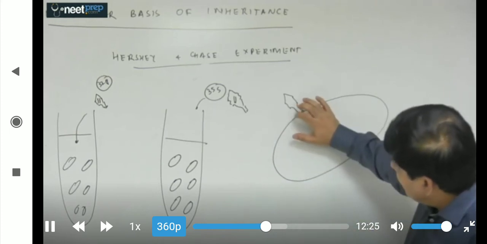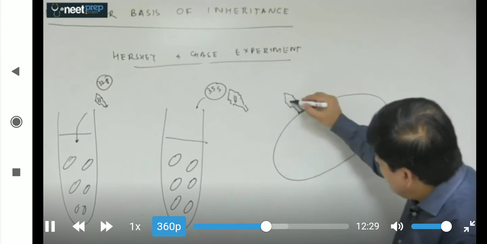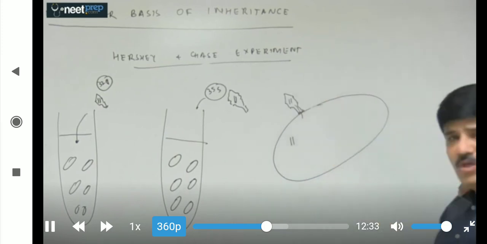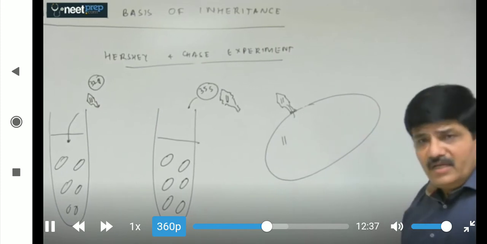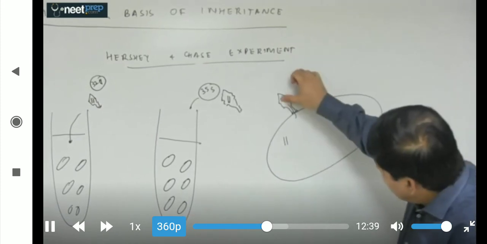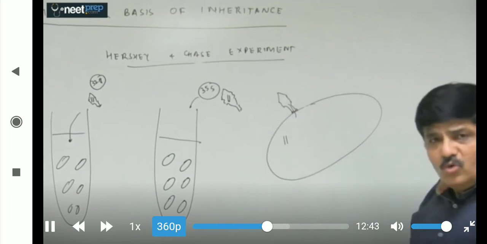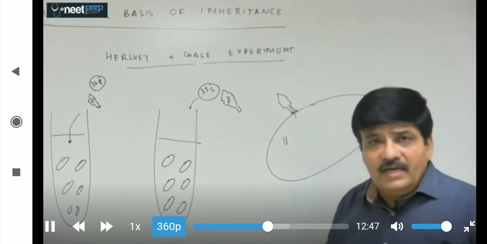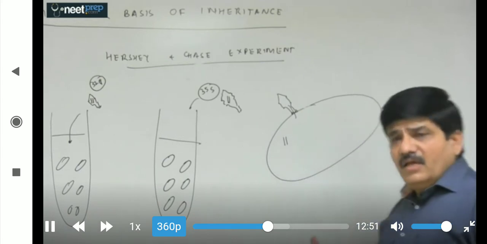Then you know from your class 11th that the tail part undergoes contraction and it pushes the double-stranded DNA into the bacterium, whereas the capsid part will remain on the outside. This is what we know. You have read in your class 11th NCERT the lytic life cycle and the lysogenic type of life cycle in the viruses.